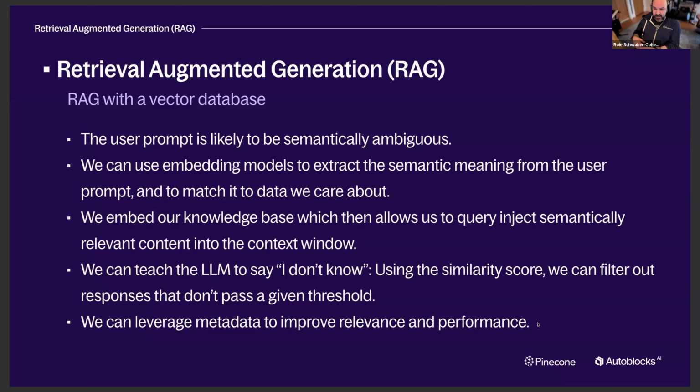And this gives us the opportunity not only to let the LLM respond with data that is grounded in knowledge that we quote unquote blessed, but also be able to say things like, I don't know. Because when we query our vector database with the embedded query, we can basically see whether or not the similarity score for any given result is high enough, right? And is passing a threshold that we set.